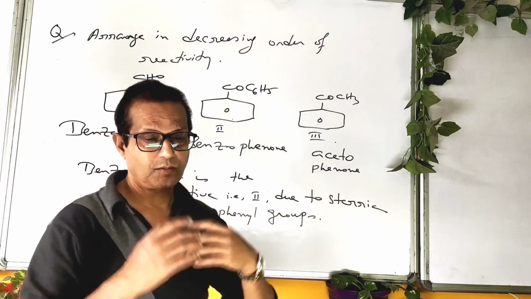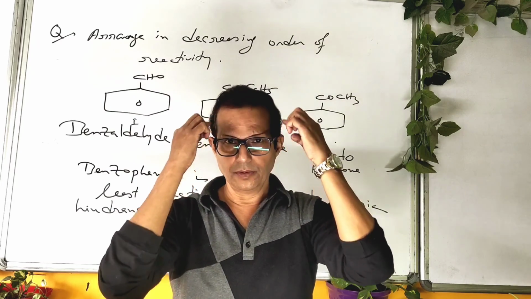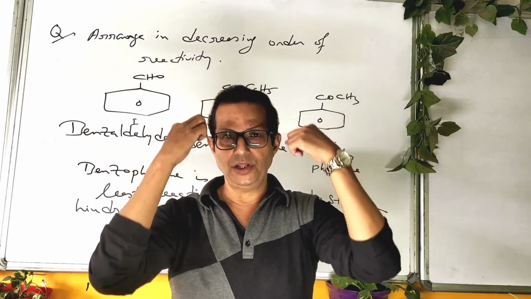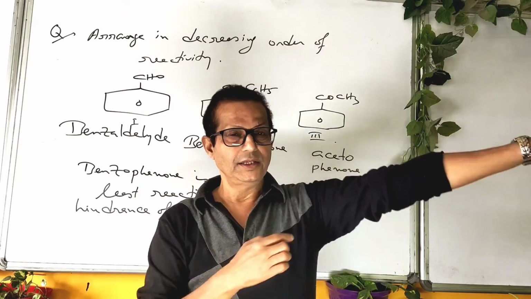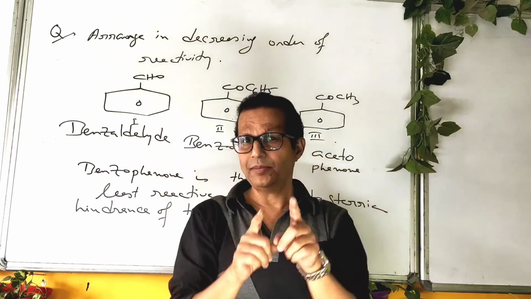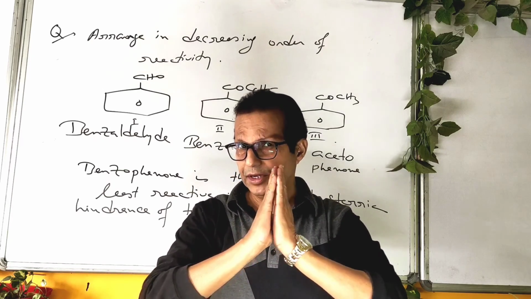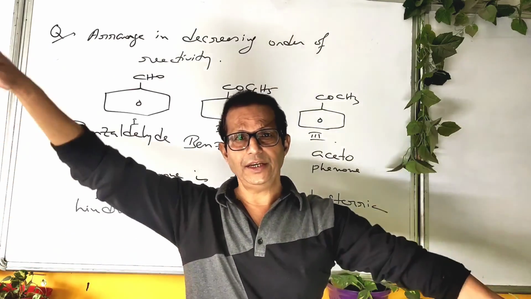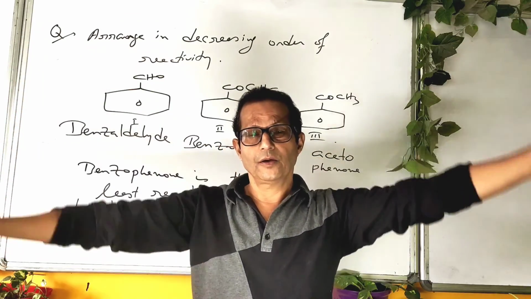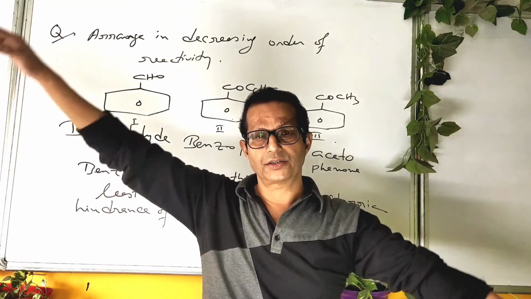Imagine it. Here is the carbon, the carbonyl carbon. This is one benzene ring, this is another benzene ring. Actually what happens, this type of reaction takes place in solution, in liquid medium. Now the benzene rings rotate this way, like the wings of birds.